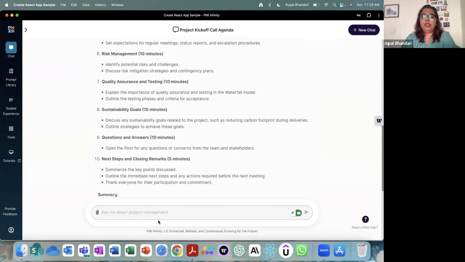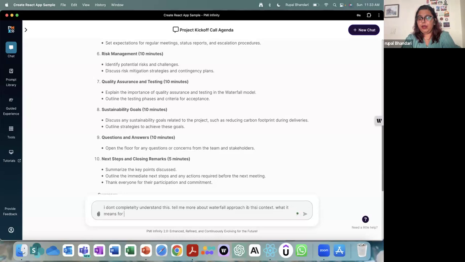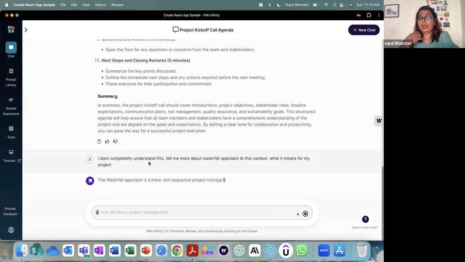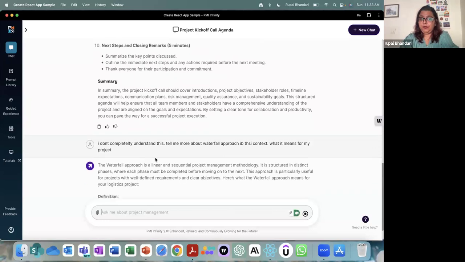Let me tell it more. I don't completely understand this. Tell me more about the waterfall approach in this context, what it means for my project. So I'm talking to it like I would to a human being.